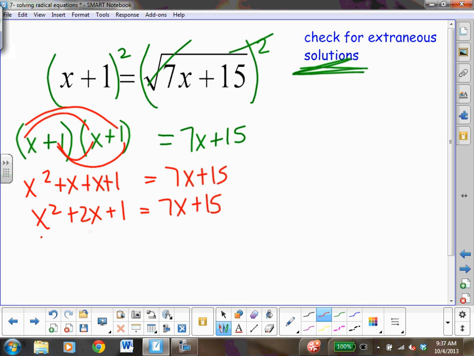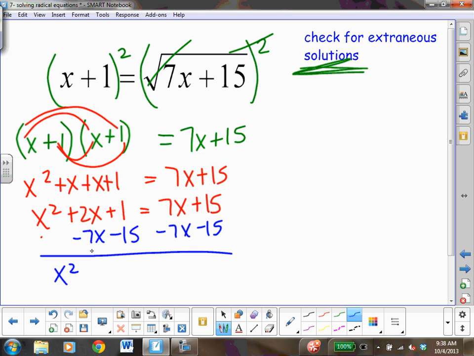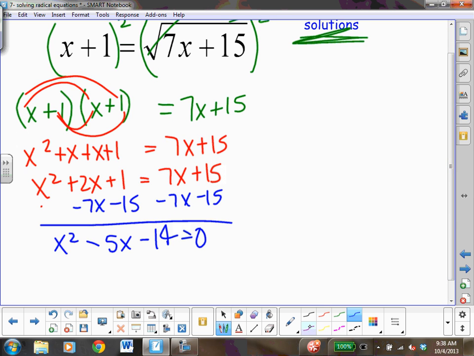Since I have an x squared and an x in the same equation, I need to either solve by factoring or the quadratic formula. So I have to set it equal to 0. I have x squared minus 5x minus 14 equals 0. I want to see if I can factor this first, because that's often faster than using the quadratic formula.